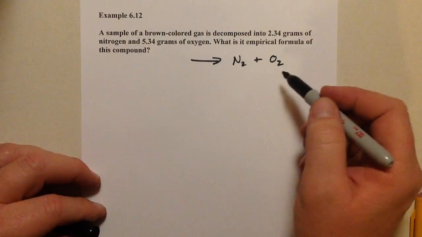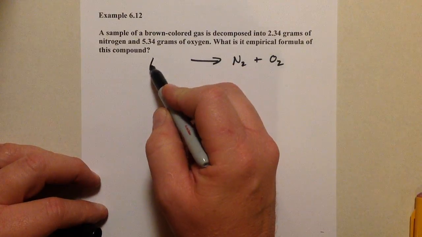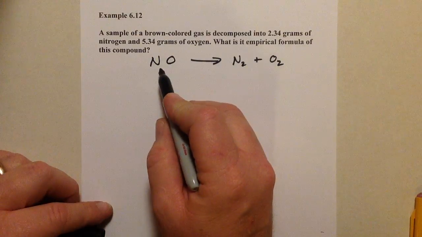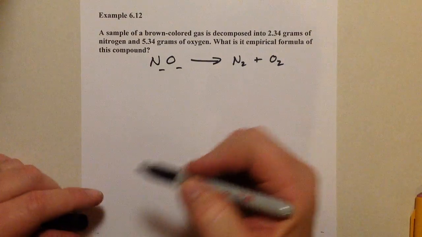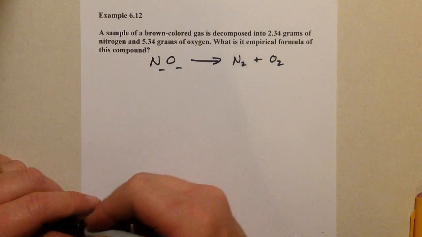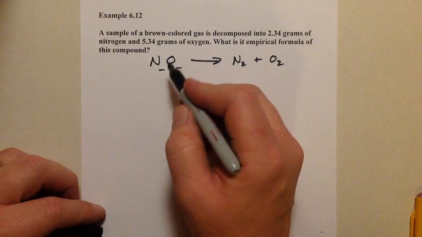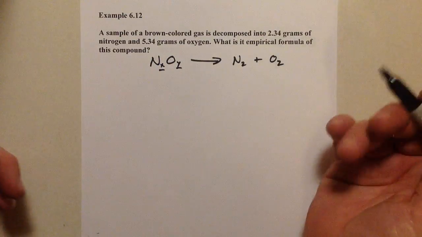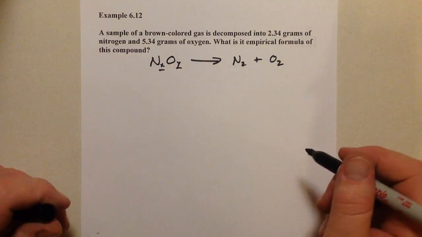Well, if we know that's the products, we know that the reactants had to be an N and an O. What we don't know is what the subscripts are here. And that's why in the book he uses an X and a Y for just things we don't know, just like in any other algebra problem.